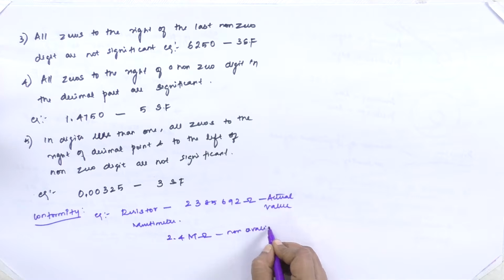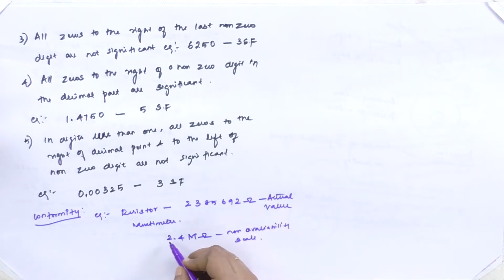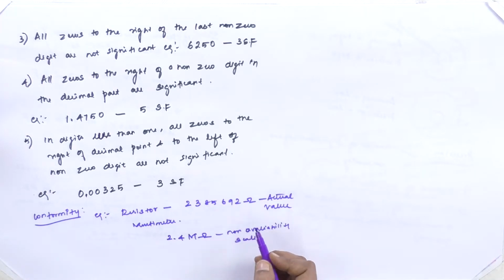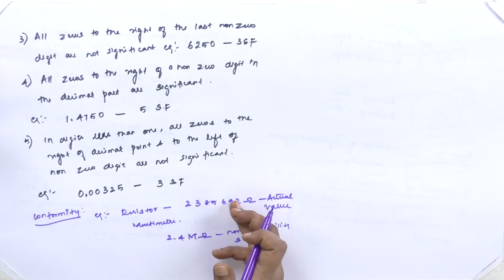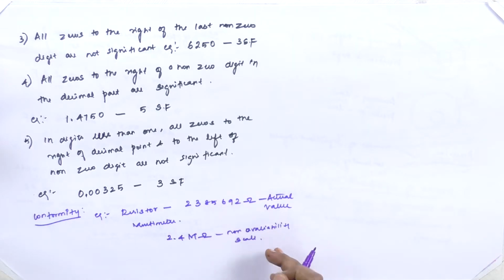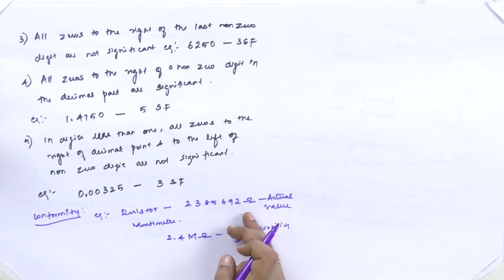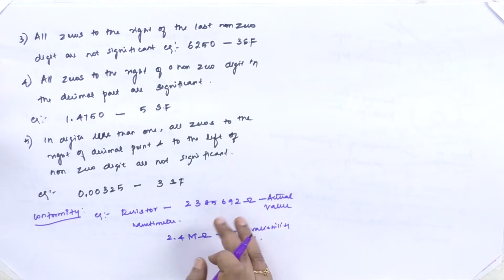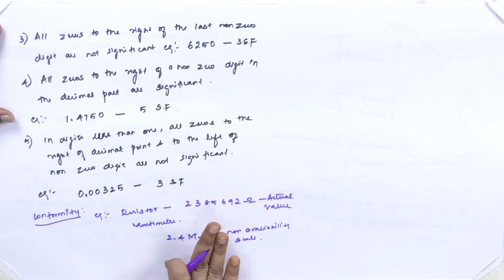Although there is no deviation from the actual value, due to the limitation of the scale, the precision error occurs while measuring this resistor value, 2385692, as 2.4 megaohm. So this is the example for conformity.